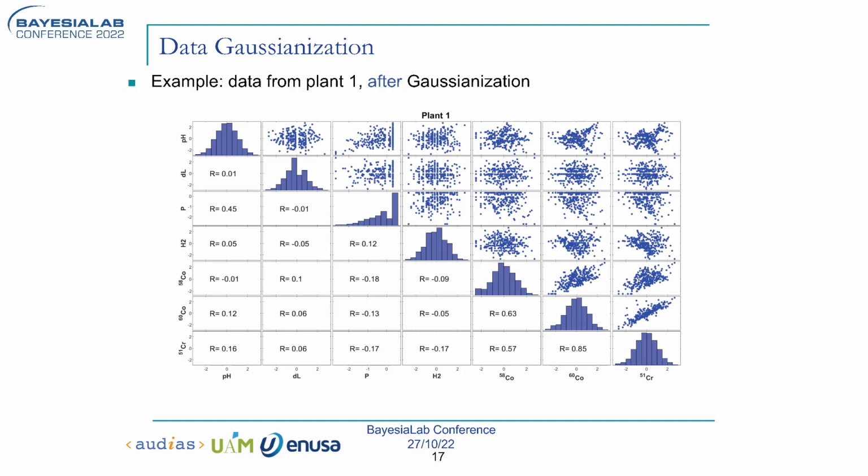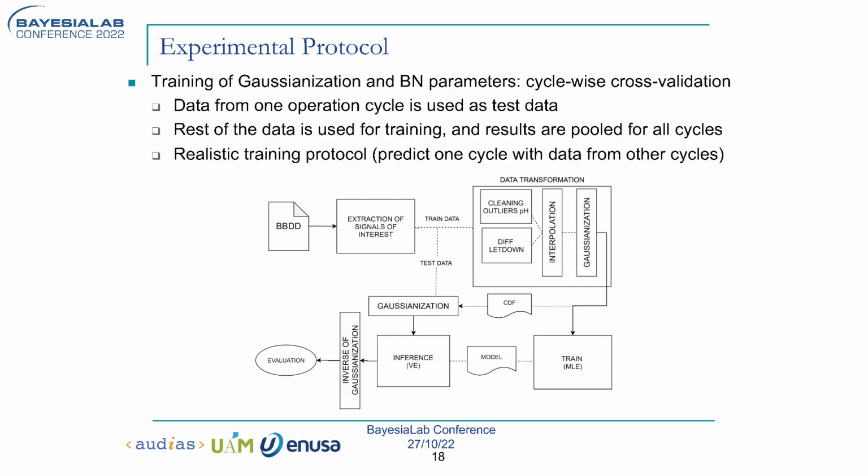Okay, so the experimental protocol basically is summarized here. We have the database, and our database is not huge in number of data. That's one of the reasons to select a Bayesian network instead of a neural network or something like that to do this kind of estimation. And what we do is perform some kind of cycle-wise cross-validation with the data.